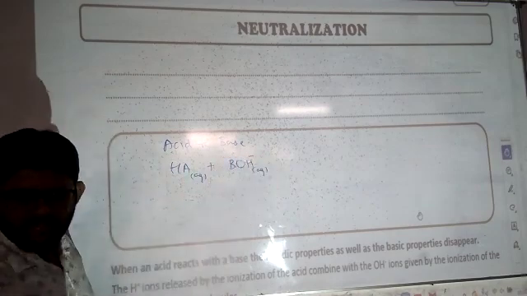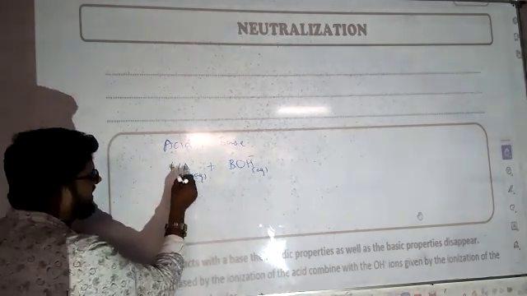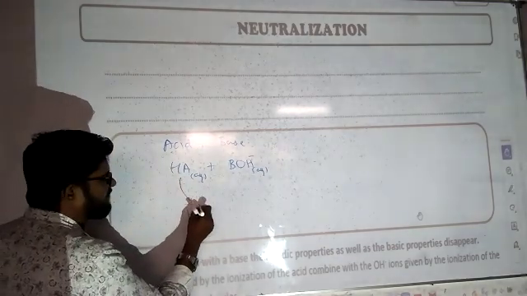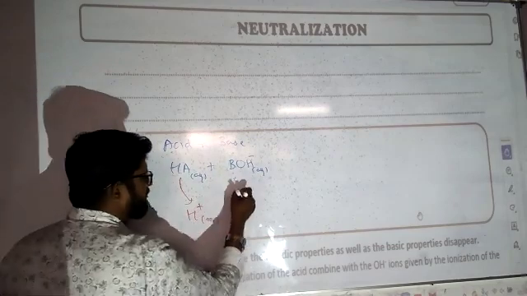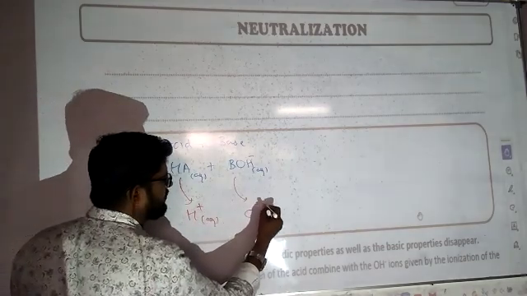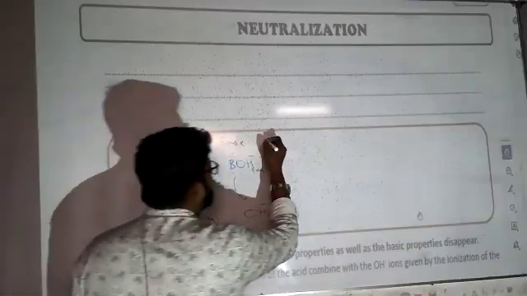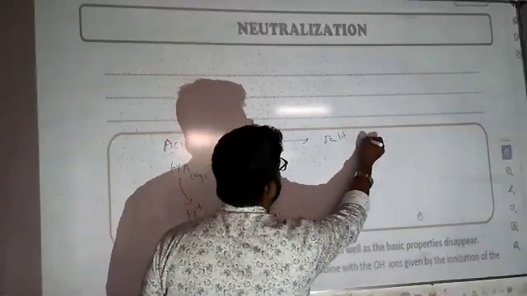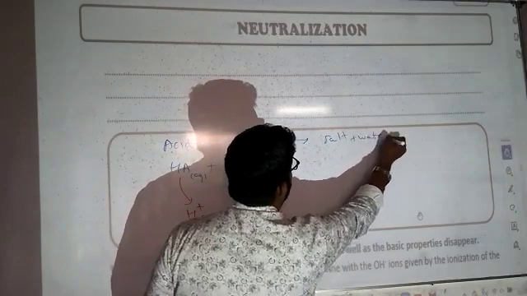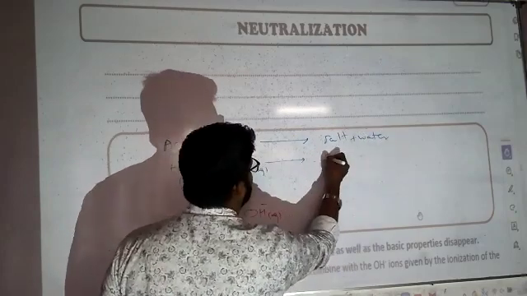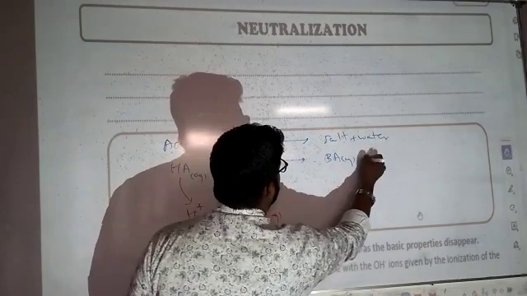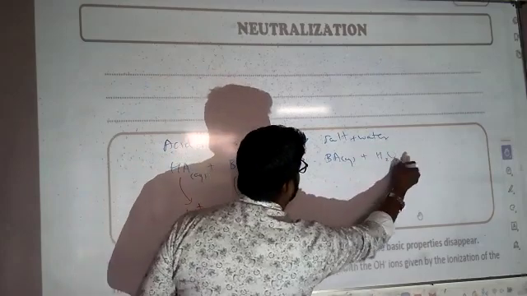This acid releases H plus, the base releases OH minus. Acid plus base gives you salt plus water. That means this should be giving you BA plus H2O.